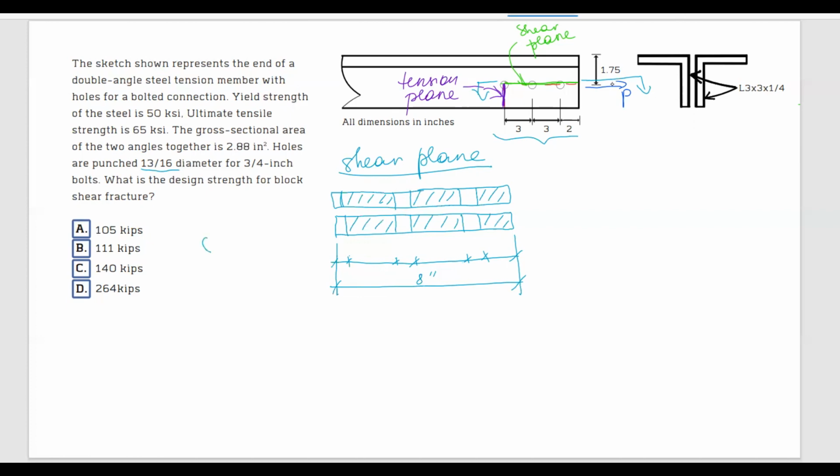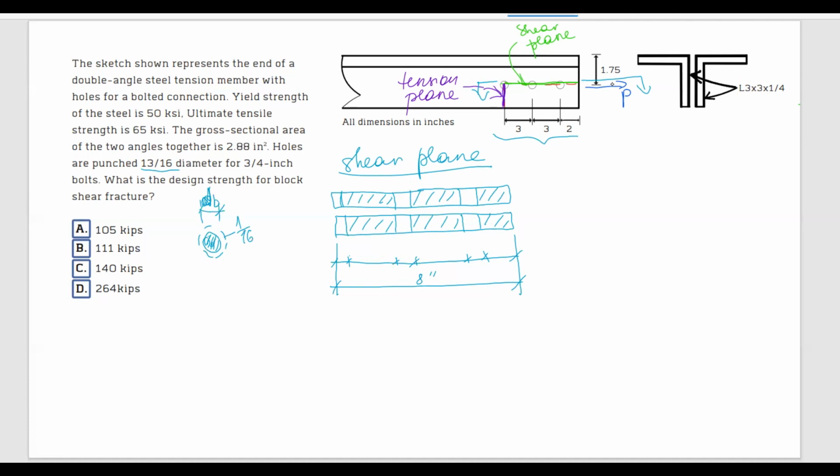When you are given the bolt diameter, in order to feed the bolt into the hole, we have to make the hole 1/16 of an inch bigger in order to fit the bolt.